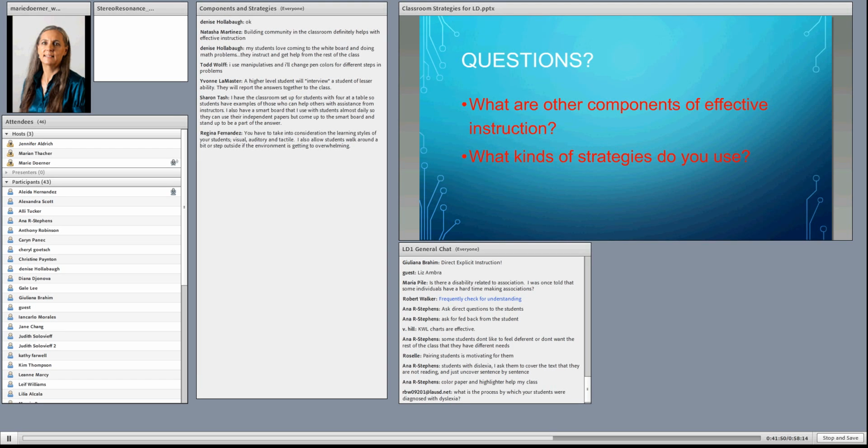Students with dyslexia, I ask them to cover the text and uncover it sentence by sentence. Colored paper and highlighter to help my class. The question was, what is the process by which students were diagnosed with dyslexia?